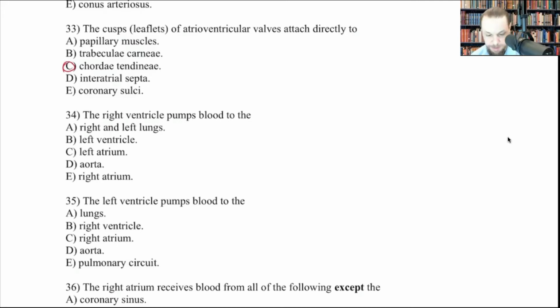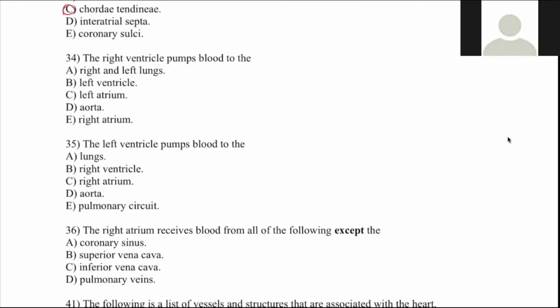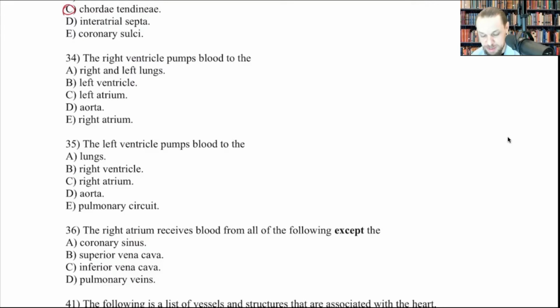Thank you. 34. We have Eric for 34. The right ventricle pumps blood to the left atrium. So the right ventricle pumps blood to, before you could pump to, where else can you pump blood to?